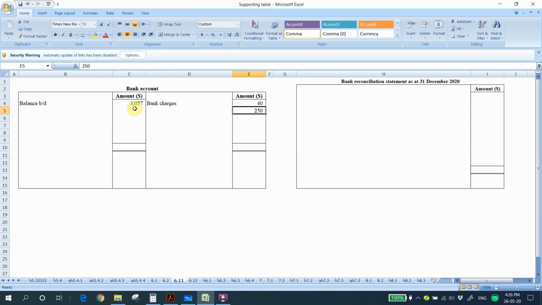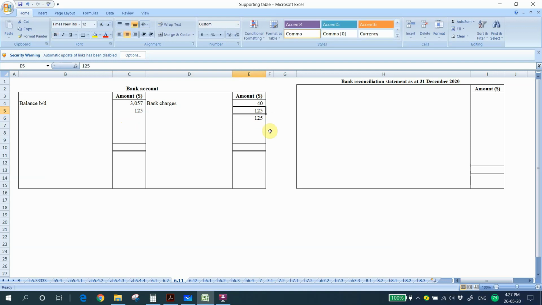Why? Because this 250 we can split into two portions. The first portion is to net off the wrong entry at your debit side. The second portion, 125, is used to record the correct entry.